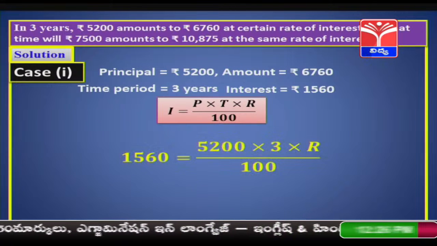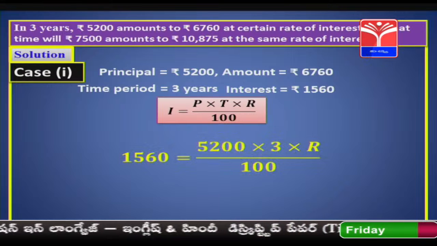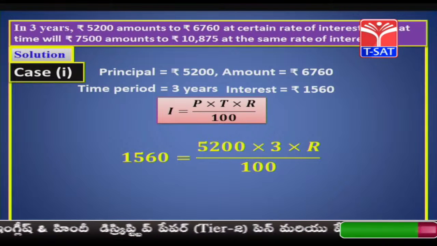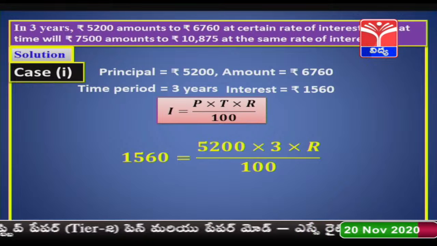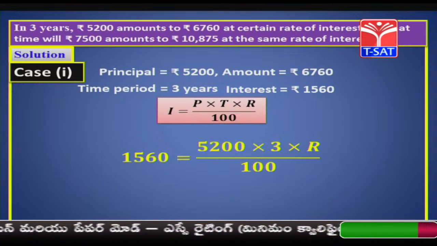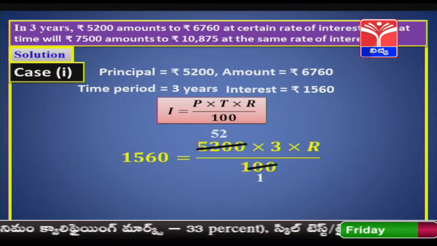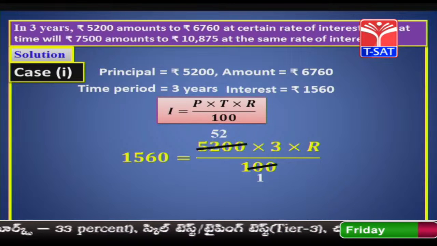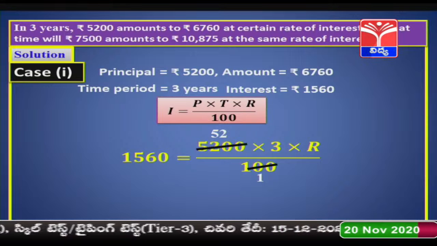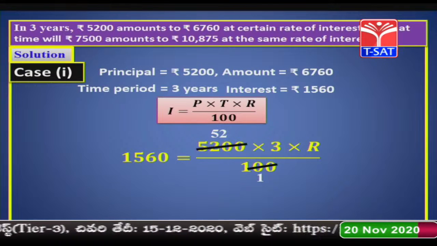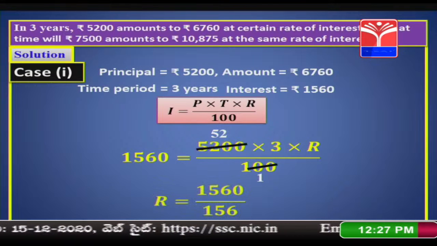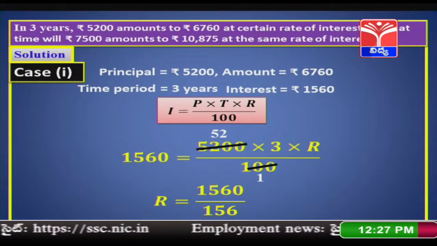So, let us substitute these values. Interest 1560 equal to the principal, that is 5200, into time period, that is 3 years, into rate of interest R divided by 100. 100 goes 1 time in 100, whereas in 5200 it goes 52 times. Now, what is the value of R? 1560 divided by 52 into 3, which is 156.